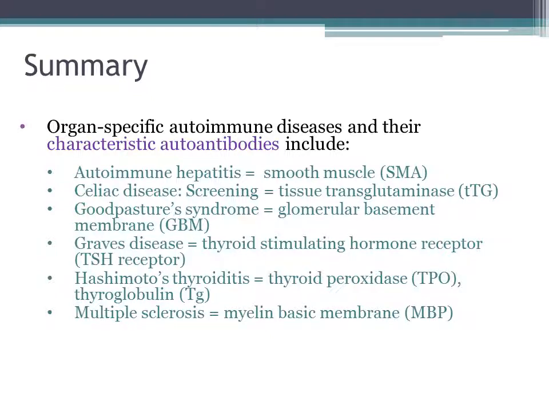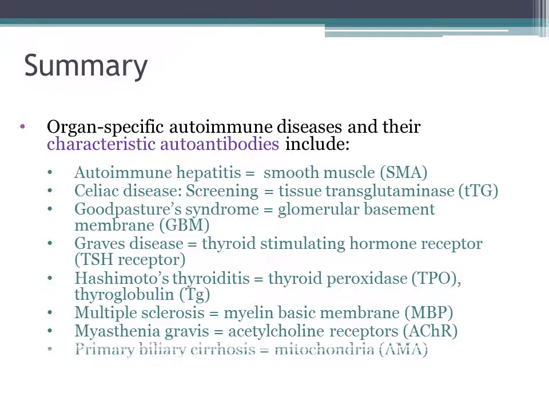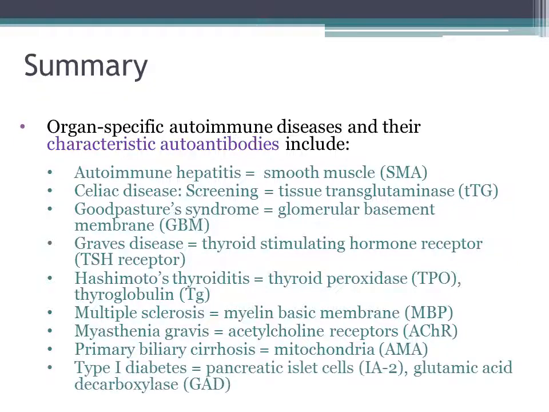MS, the myelin basic protein, or MBP. In myasthenia gravis, acetylcholine receptor antibodies. Primary biliary cirrhosis, mitochondrial antibodies. And type 1 diabetes, antibodies to the pancreatic islet cells, ILA2, and glutamic acid decarboxylase.